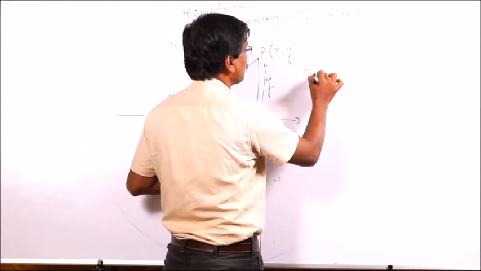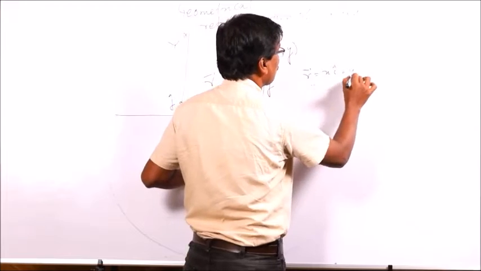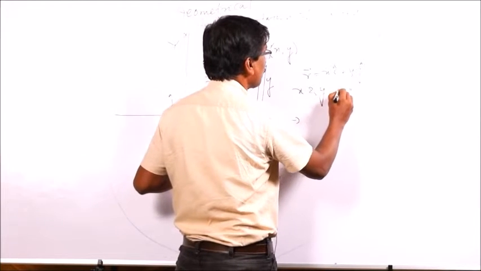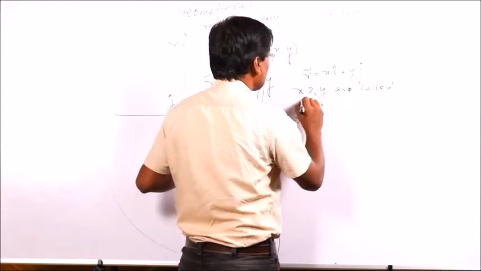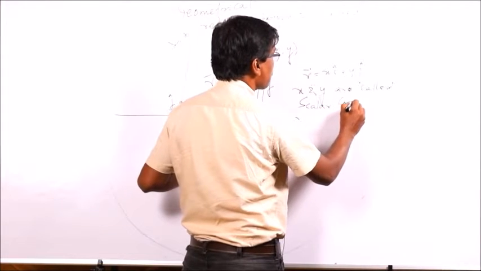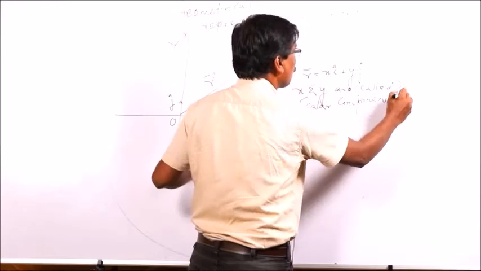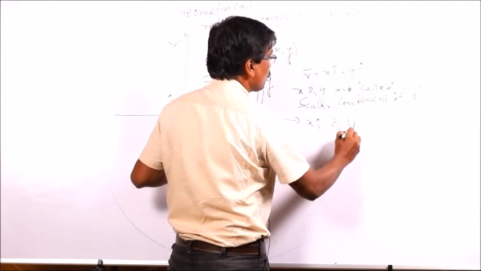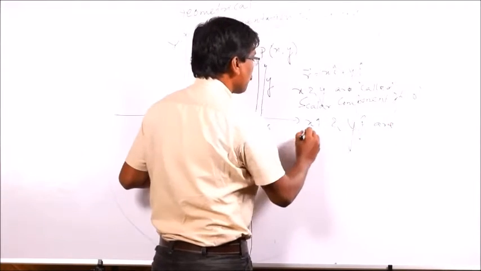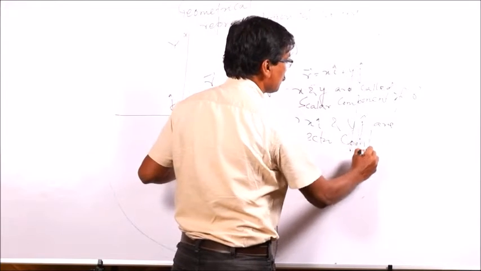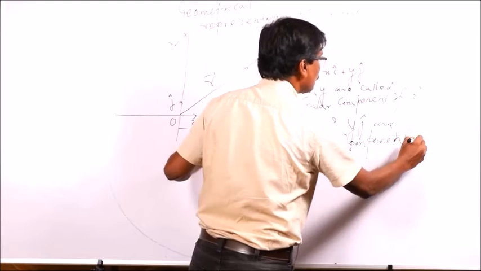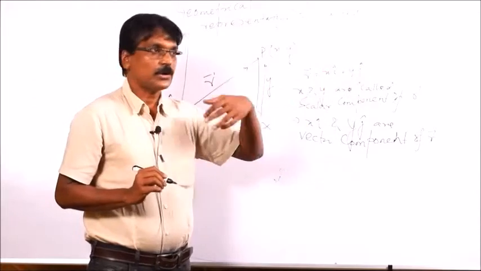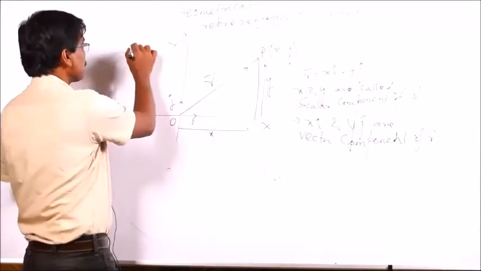So r vector can be represented as x i cap plus y j cap, where x and y are called scalar components of r vector, and x i cap and y j cap are vector components of r vector. So this is in 2 dimensions.